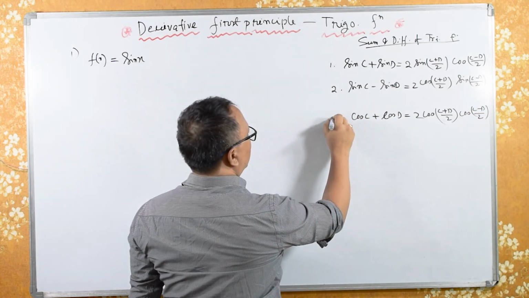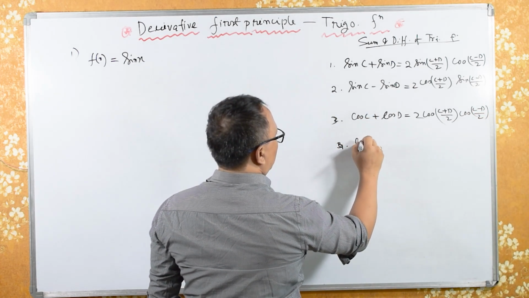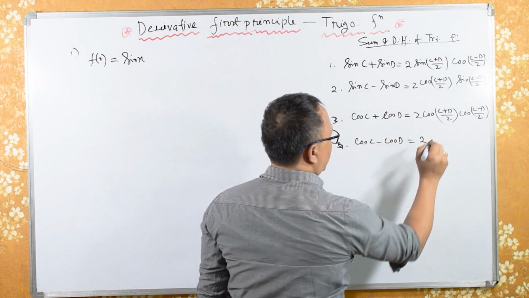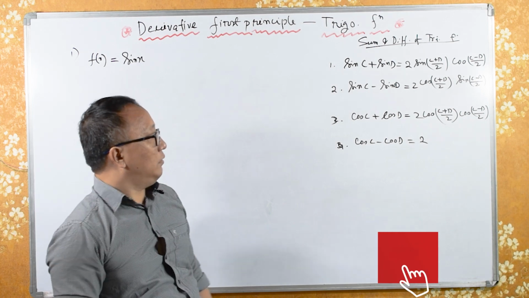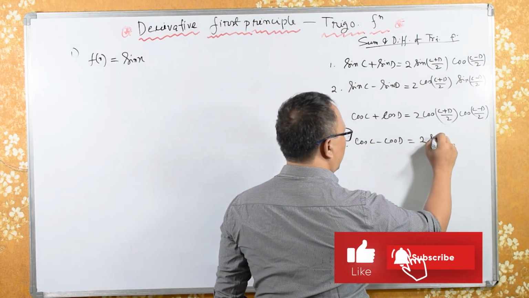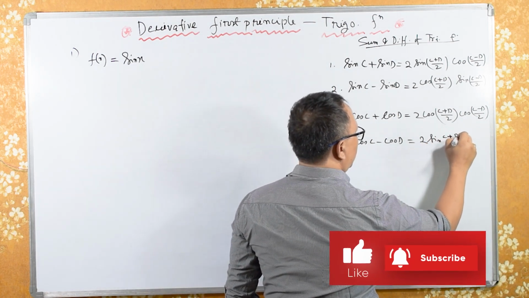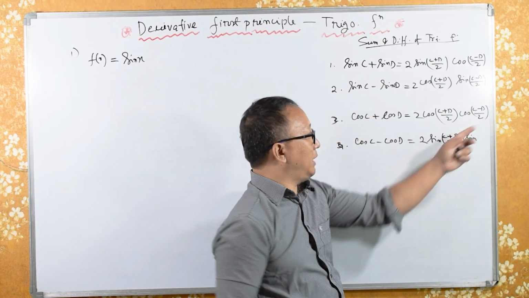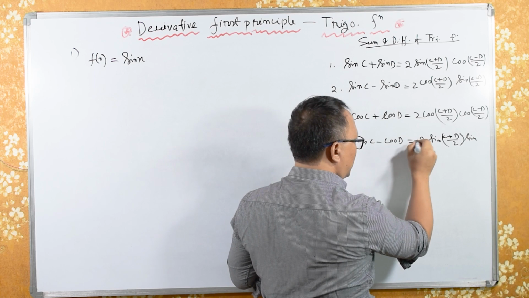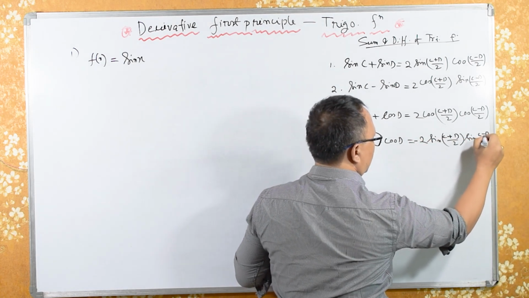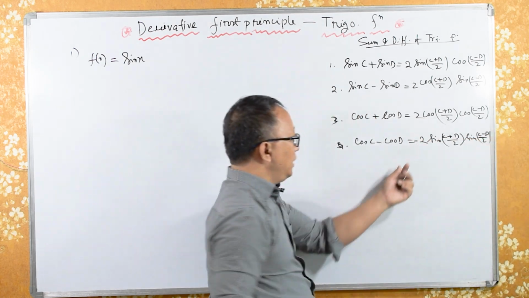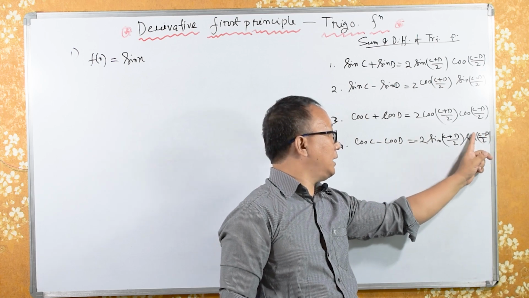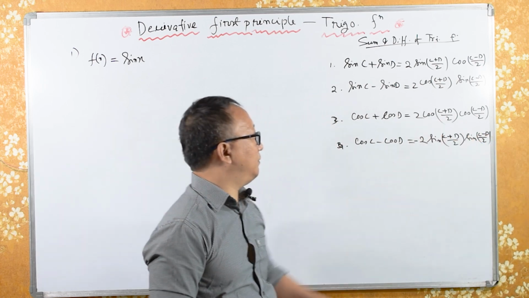Cos c minus cos d equals twice sin of (c plus d) upon 2 times sin of (d minus c) upon 2. If I want to write c minus d, I put a minus over here, or send the minus inside and write sin of (d minus c) upon 2. One and the same.